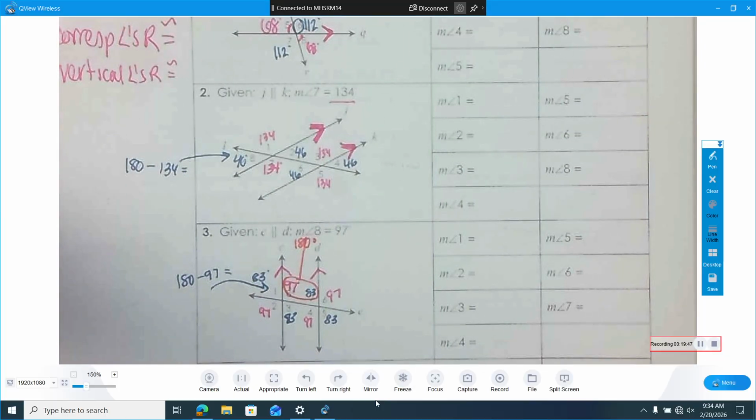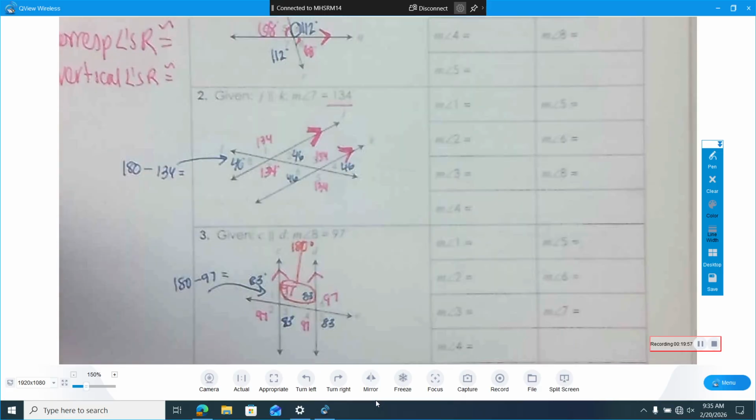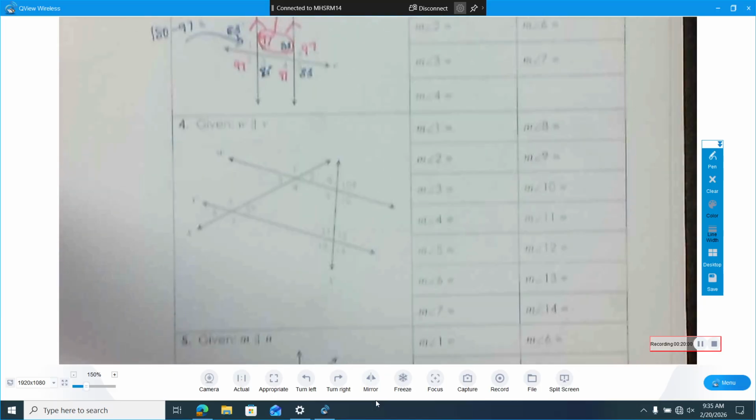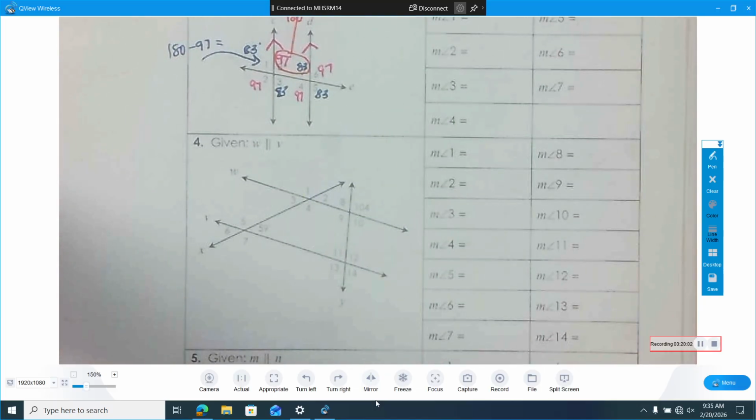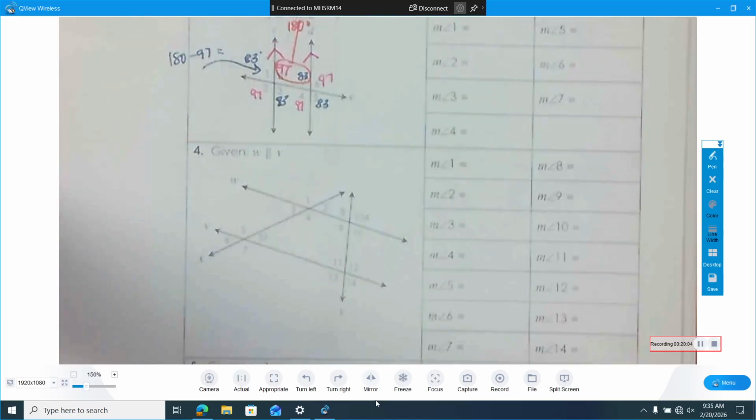So consecutive interior angles are supplementary. But really, if you know corresponding angles, you're good to go. Corresponding is my favorite. Corresponding angles are congruent.